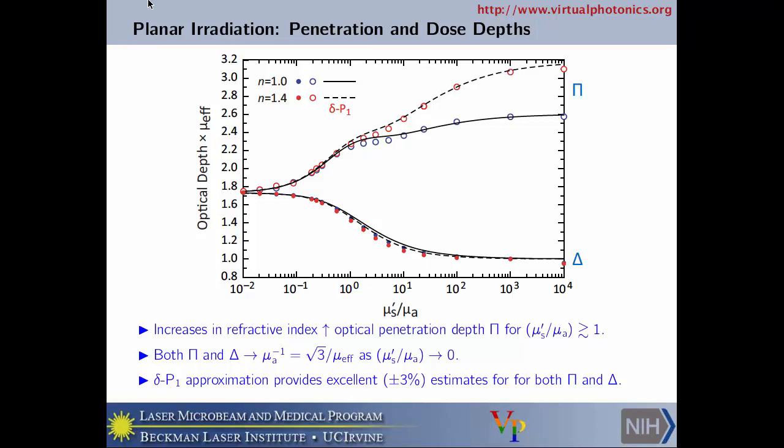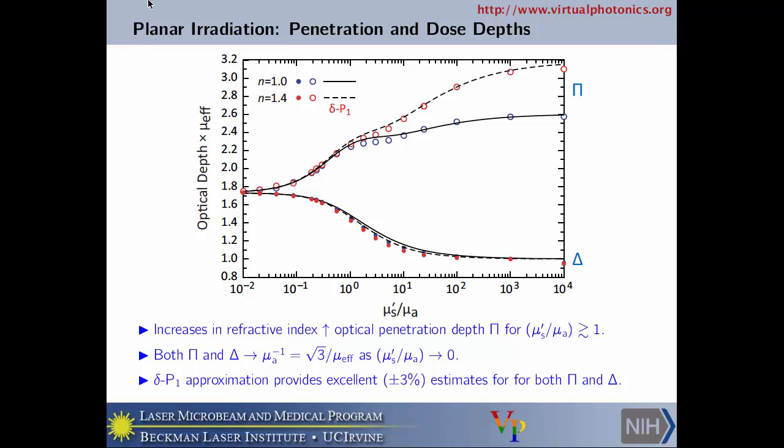Any question on this chart? Yes. So just in general, this is a huge improvement over just the diffusion approximation. Are there any parameter regimes where delta P1 does not give a good approximation, or does this hold pretty much throughout?